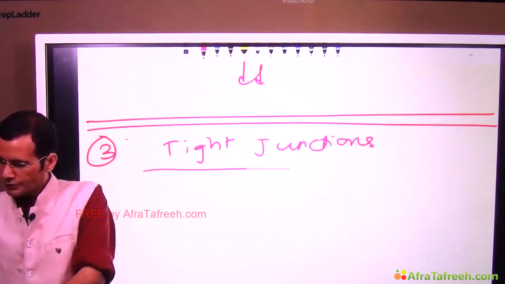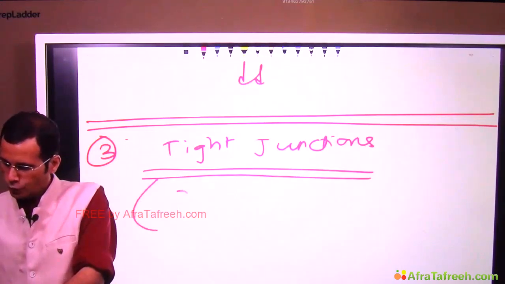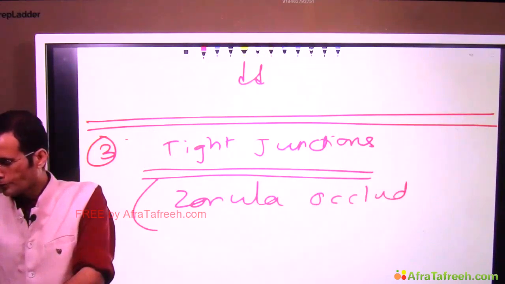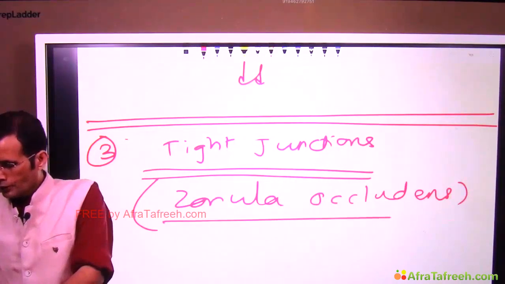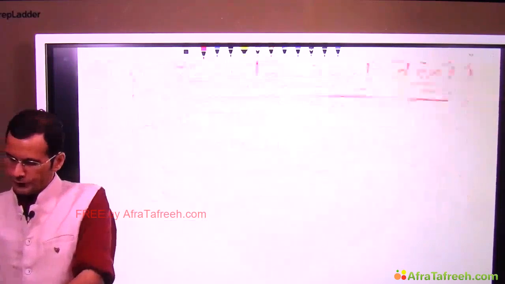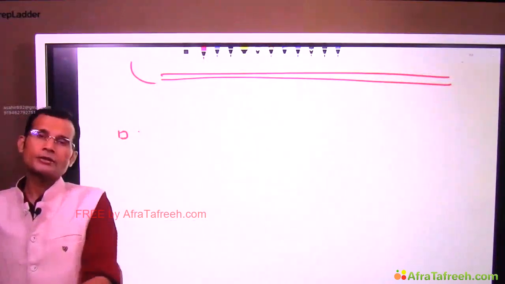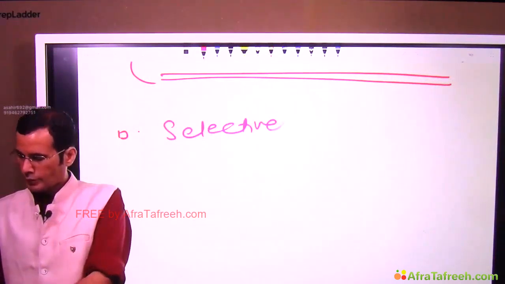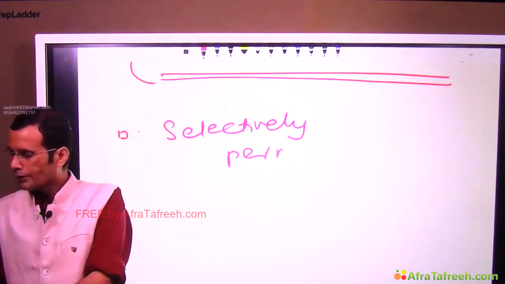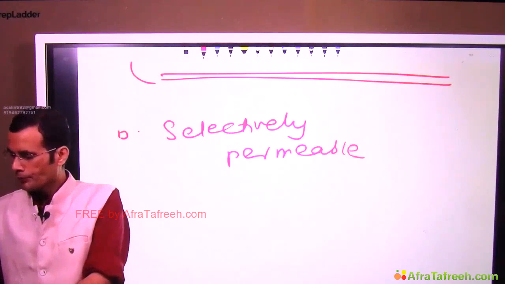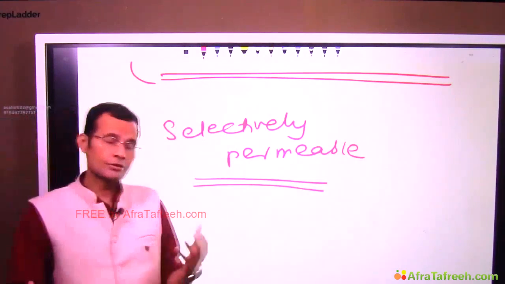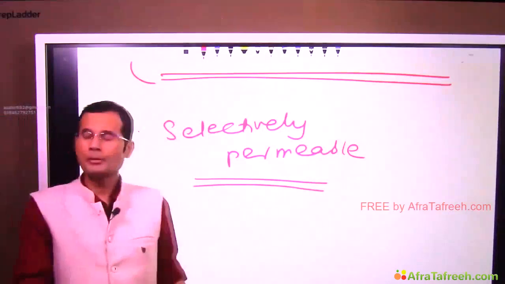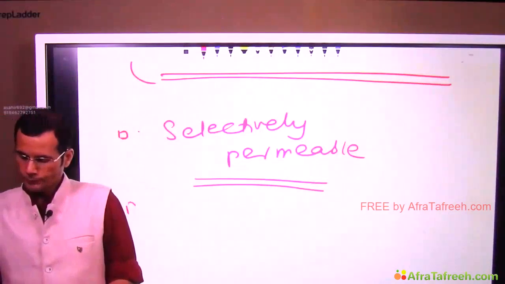Tight junctions are also called zonula occludens. See, tight junctions are selectively permeable. So that's a difference between gap junctions and tight junctions. Gap junctions were freely permeable. These are selectively permeable.